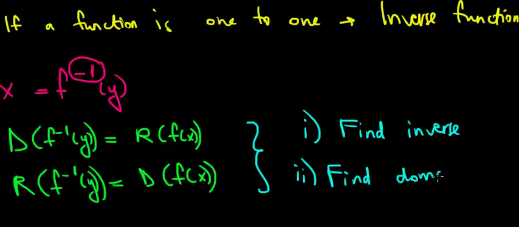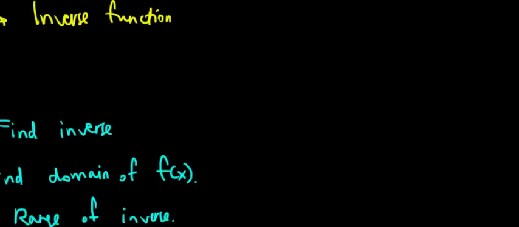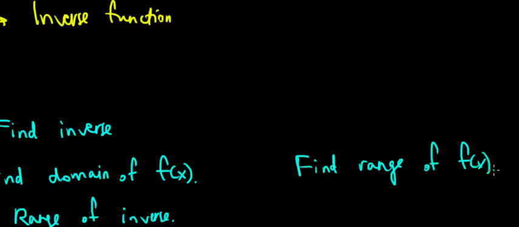Find the domain of f(x), because the domain of f(x) will give us the range of the inverse that we need. Or the other way, we could find out the range of the inverse. Let me write it here. We could also find the range of the original function, and in that case we will find the domain of our inverse.